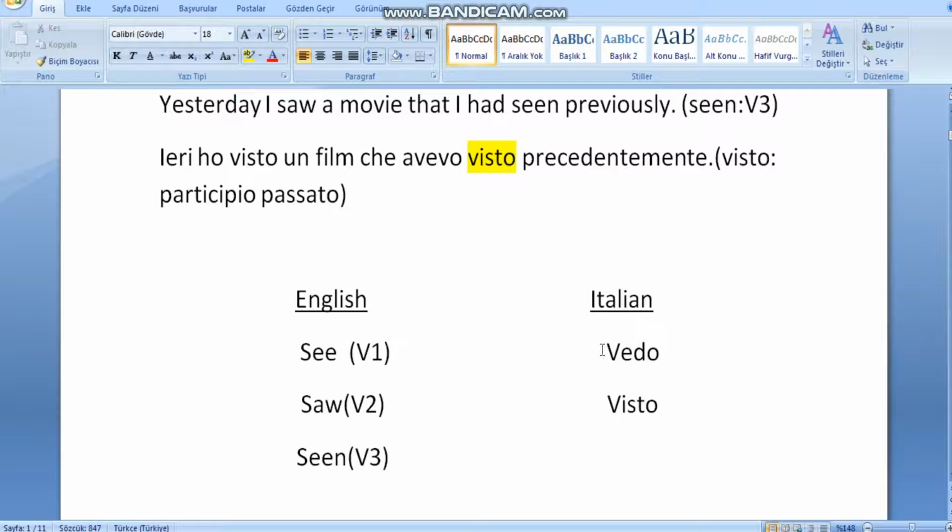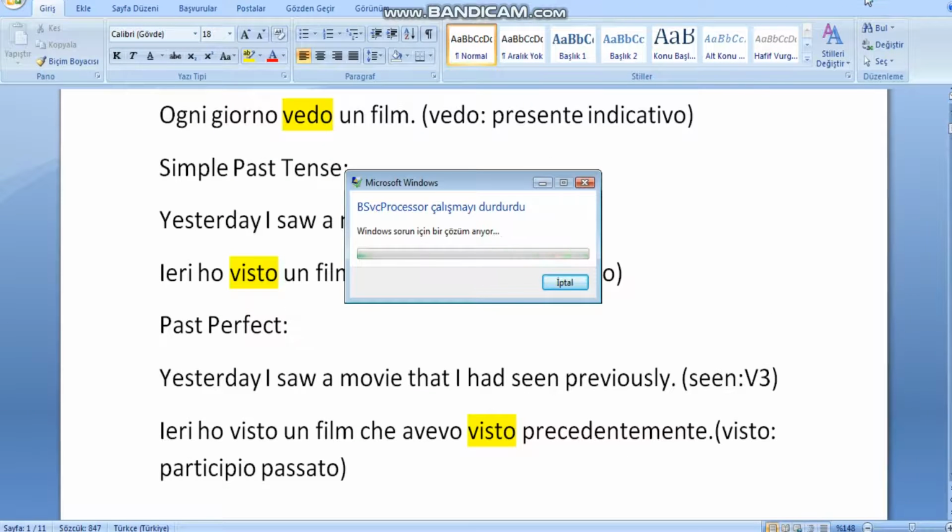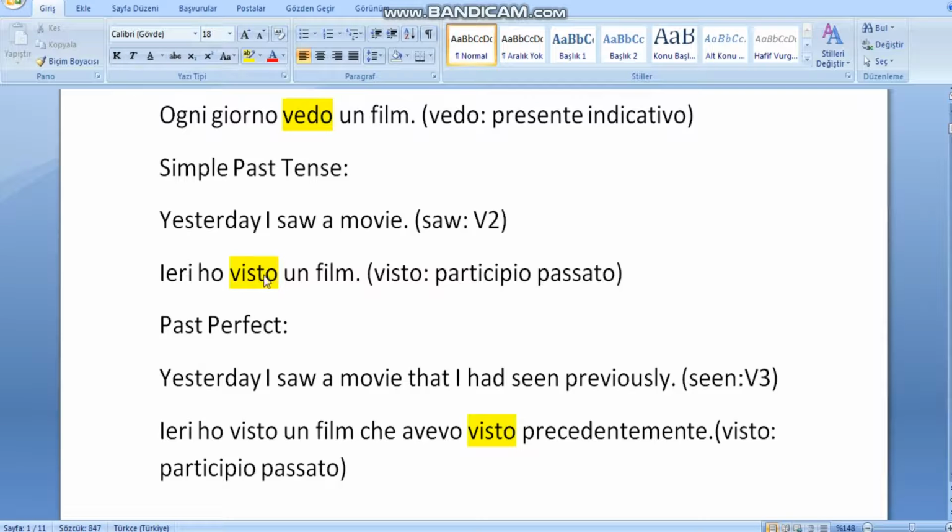In Italian, the verb vedere, to see, al presente indicativo, simple present tense, is simply vedo in the first singular person. And then it becomes visto in participio passato, passato prossimo. Again, in the past perfect tense, it remains visto.